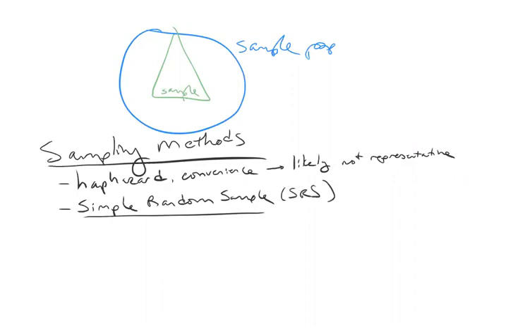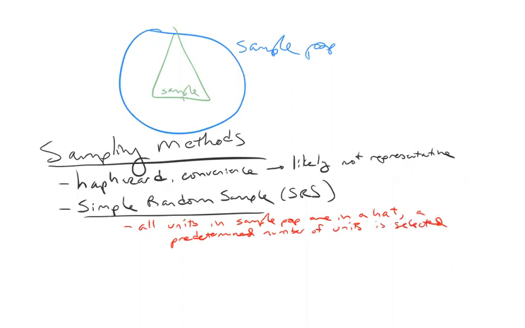I'm going to give you the kind of practical definition, and I'll give you in words the mathematical definition. So the simple random sample is where all the units in the sample population are put in a hat and a predetermined number of units is selected.